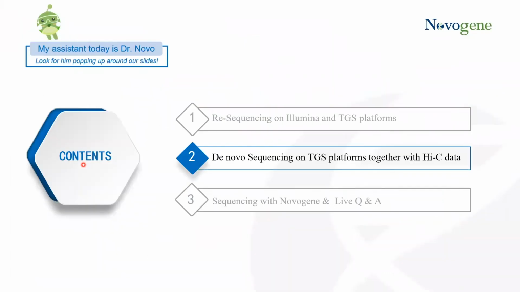So after discussing the resequencing for the species with available reference genomes, now let's shift over to the de novo sequencing in the absence of annotated genomes.